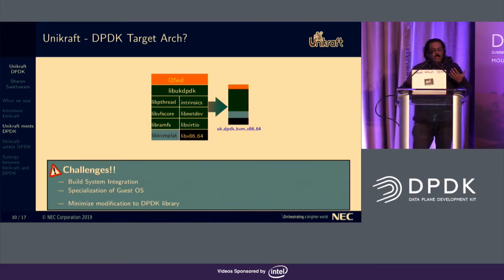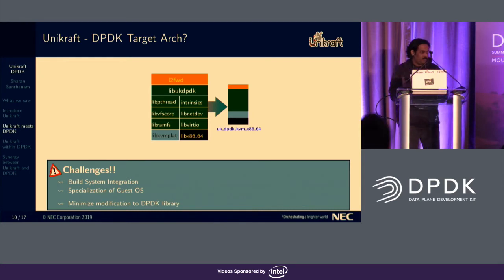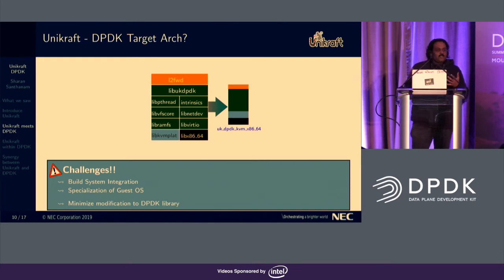The idea behind that is that we can then make upgrades to newer versions of DPDK easier, because we understand the build system and can take whatever is there in DPDK and use it. The next point of focus was how we specialize the Unikernel for this DPDK purpose, and we thought about some use cases where our project helps. The third obvious point was to never change anything in the upstream code, since it just takes time to get your entire process through.